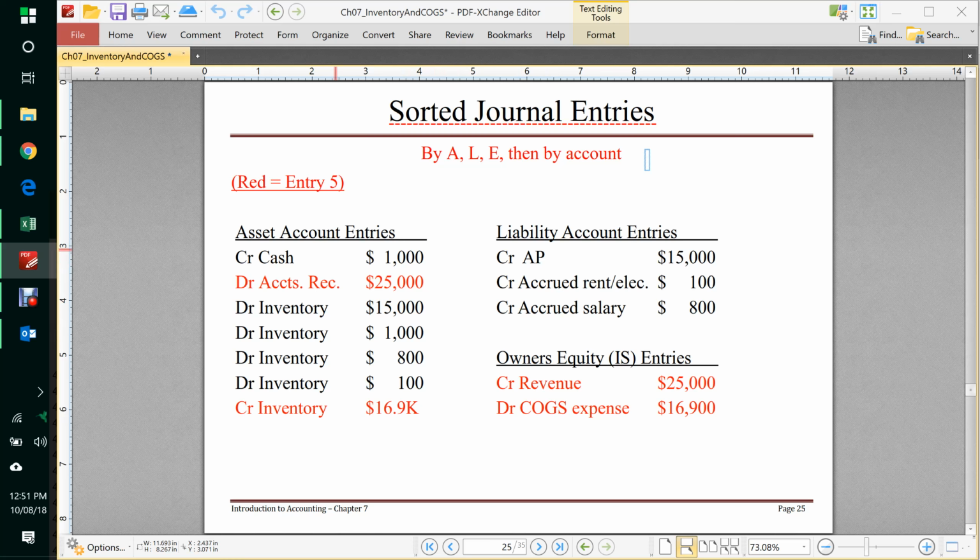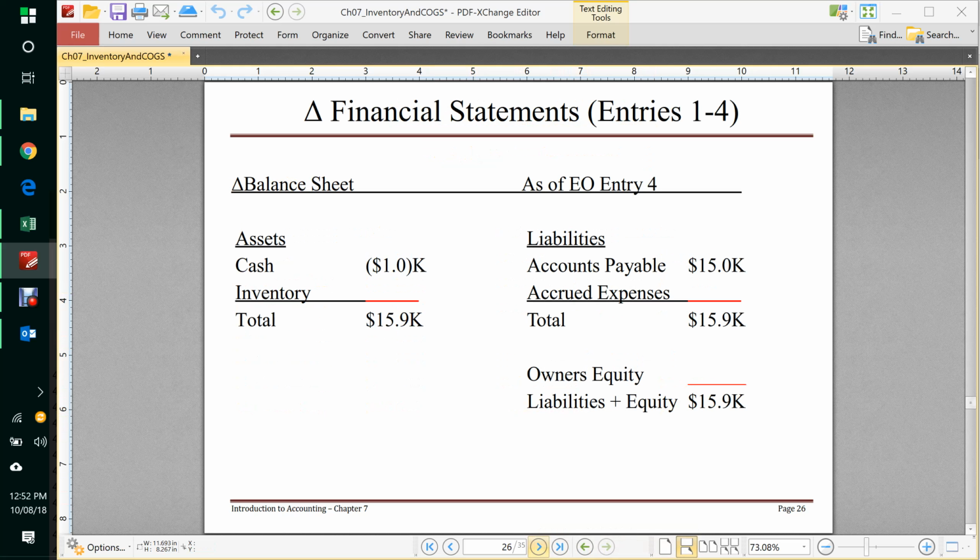I'm just doing it because it's going to help us out rather than going right back to the journal entries. Okay, and so what I have is 1 through 4 in black, and red is item 5, which is when they sold the reconditioned container. Okay, reconditioned and repurposed, right? Okay, so here's our change in balance sheet for entries 1 through 4.